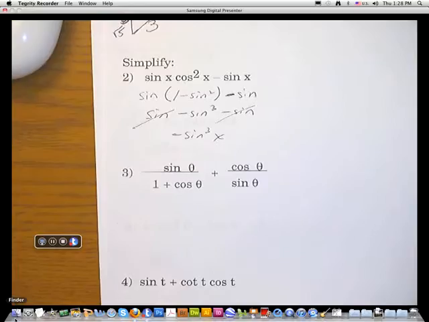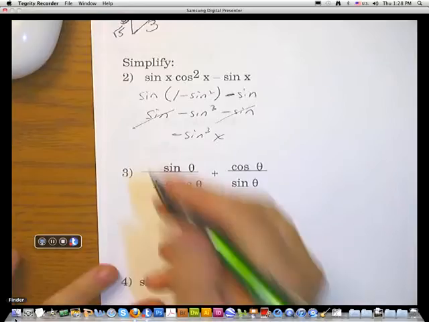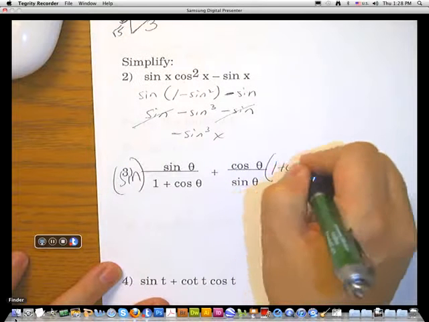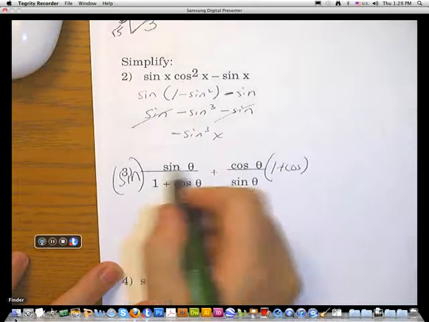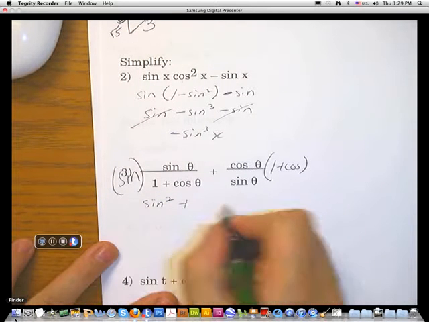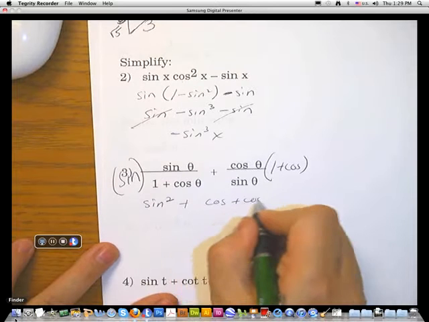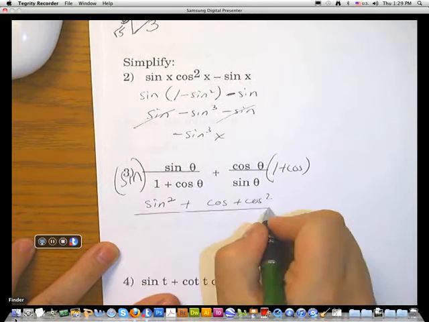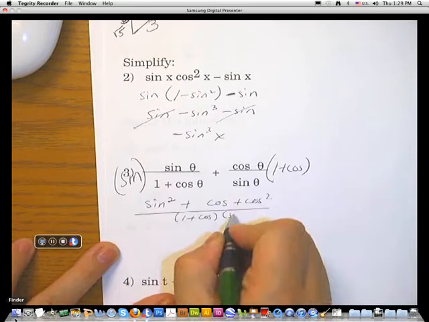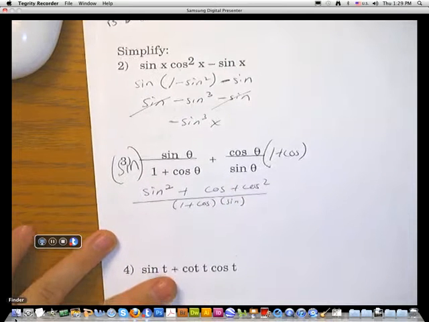Whenever we have fractions, we do want to look to have common denominators. So I'm going to multiply the first one by sine and the second one by 1 plus cosine. So that I'm going to get sine squared plus cosine squared all over 1 plus cosine times sine.